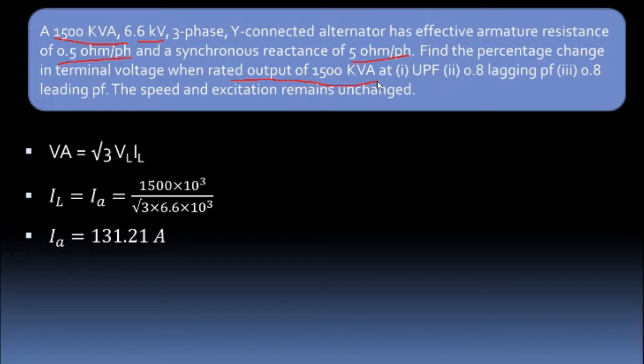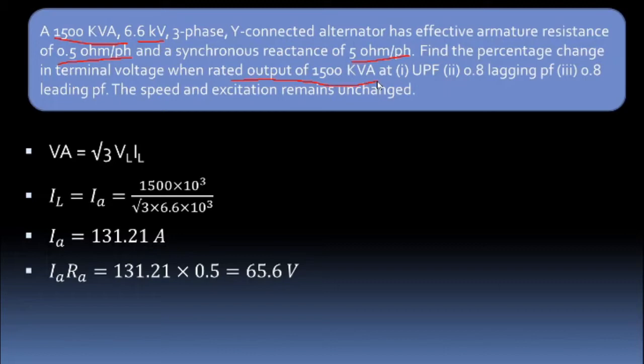I'll tell you what you need to find. Find the value of IaRa and keep it ready so that you can just substitute. It's okay if you don't find it here, you can even substitute in the equation and then find it. But I always keep these values ready so that if there are any mistakes, they can be rectified easily.